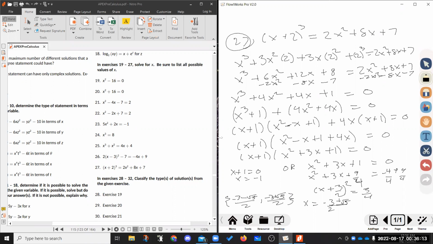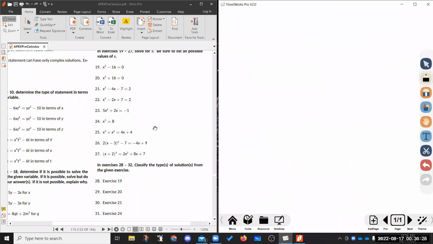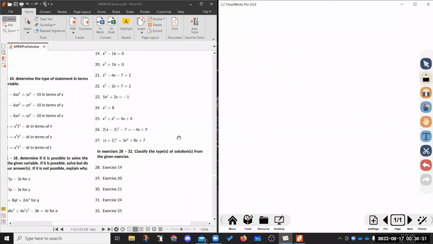Oh my goodness, I was not paying attention to all the different types of solutions, but for 16 we have 2 rational solutions. Number 20 we had 2 complex solutions. Then in 21 I believe we had 2 irrational solutions. Let me check to make sure of that.